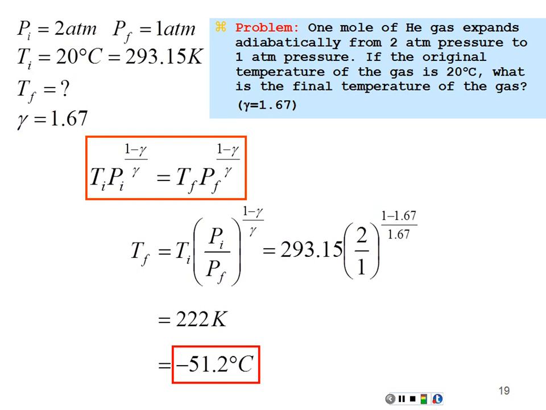We expanded it from a greater pressure to a lesser pressure, and in that sense we cooled the gas to minus 51.2 degrees Celsius. This could be a good refrigeration system. Okay, try your hand at the problems for this section dealing with molar specific heats.